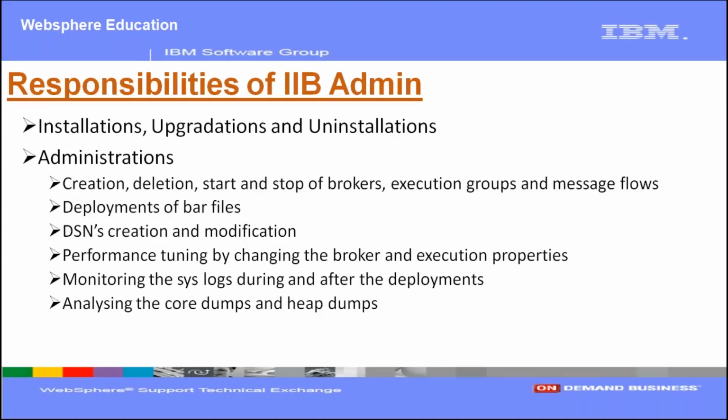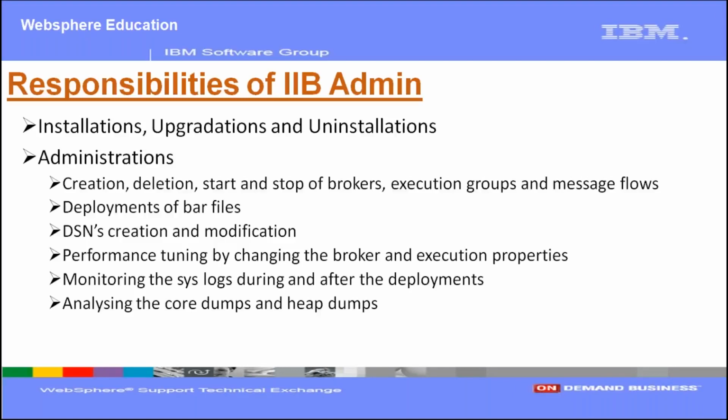And analyzing the core dumps and heap dumps. As you are already in the industry, I am assuming that you already know what a core dump and heap dump are, right? Are you aware? I'm not really that much aware of it. Okay, very simple. Core dump means if a process in the operating system is unexpectedly terminated or brutally killed, then a core dump will be generated in the server. If a process got killed abnormally, then a core dump will be generated.